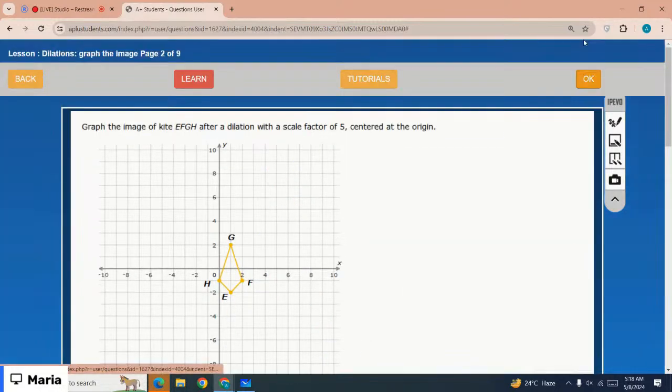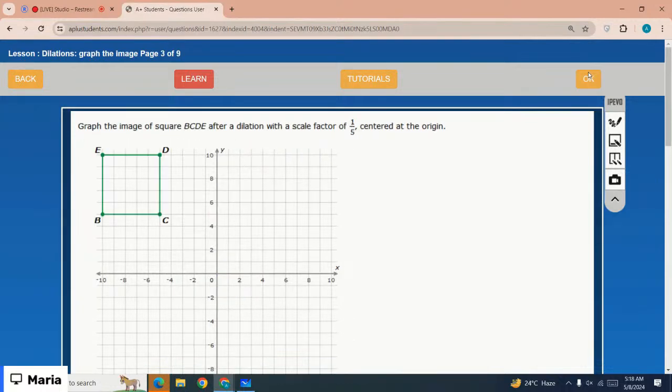Okay, so graph the image of square BCDE after the dilation with a scale factor of 1 by 5. So 1 by 5 means you have to divide all the factors by 5, right? That means they are getting smaller.